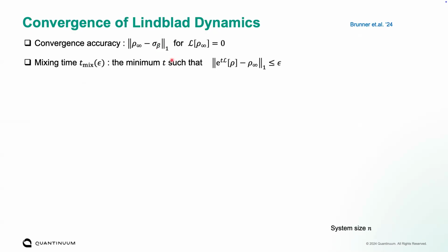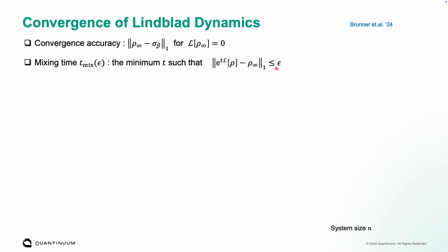So we want to quantify the distance between this rho infinity, which is the fixed point of our engineered Lindbladian, and the Gibbs state. Also, we want to know the convergence speed or mixing time. Here it's defined as the minimum time t such that the distance between the evolved state and the steady state is smaller than epsilon.